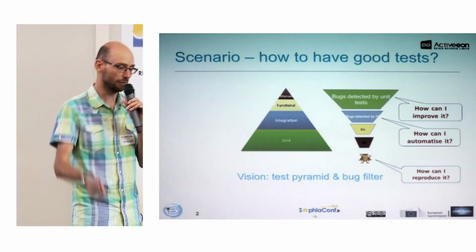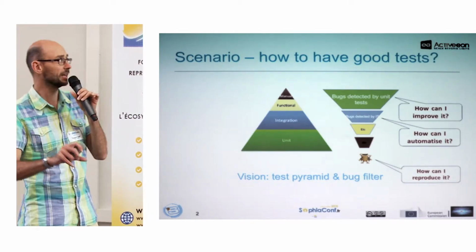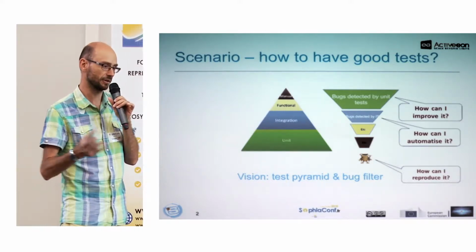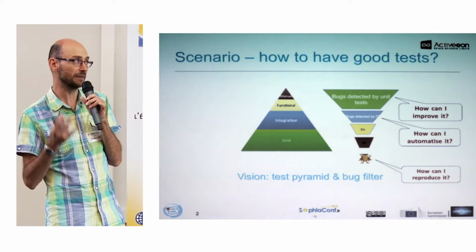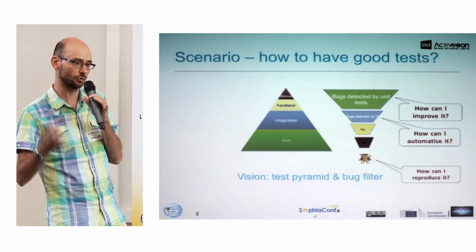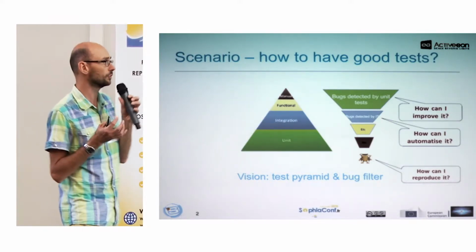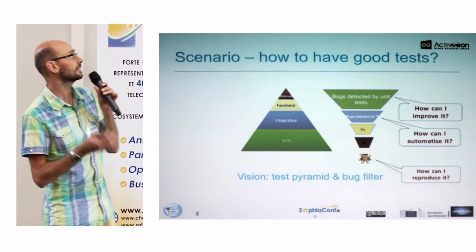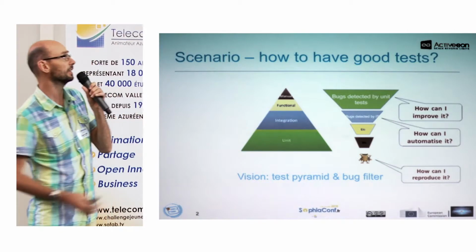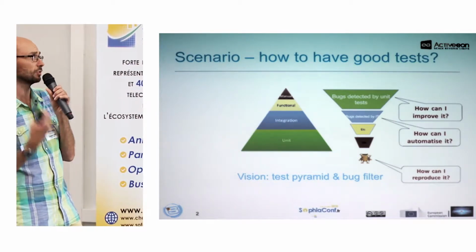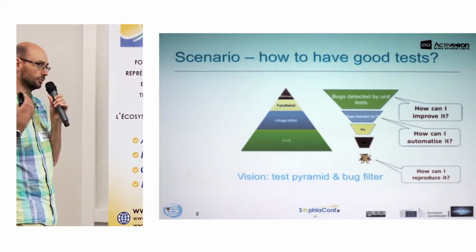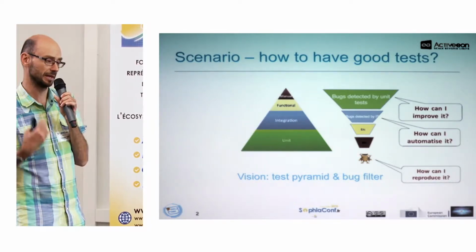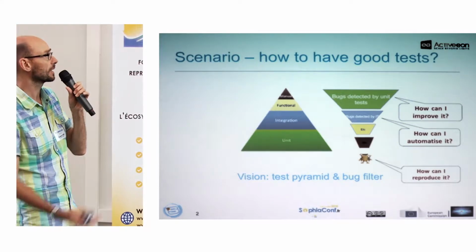If you overturn the pyramid, what you obtain is a filter. Every filter is in charge of detecting bugs. The unit tests will detect bugs, and the job here will be to improve these unit tests to make them discover more bugs and more interesting bugs.